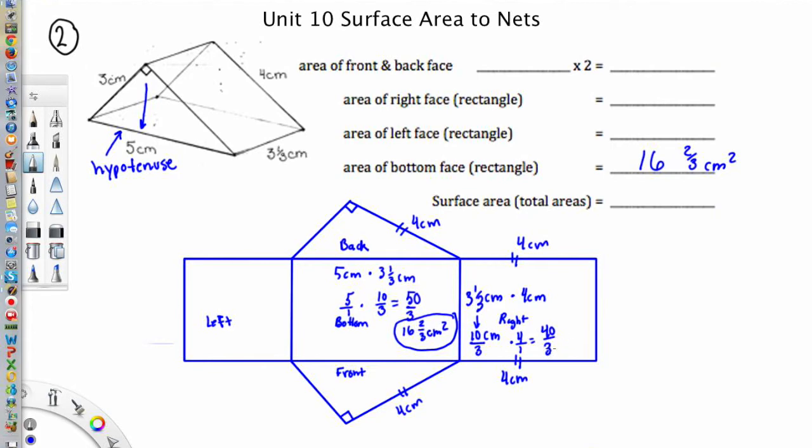And 3 will go into 40 13 times, and I'll have 1/3 centimeters squared left over. So my right will be 13 1/3 centimeters squared. Okay, so we have that right panel taken care of. Let's take care of the left.